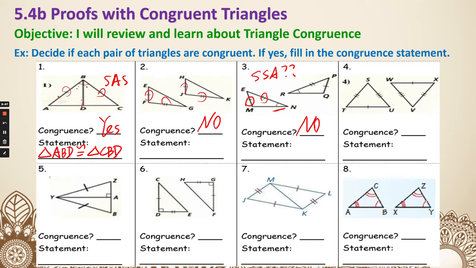But let's see if we can think of a counterexample that is also side, angle. So for example, let's say this is our first triangle. Now I'm going to draw a second triangle. Of course, coinciding the lines, then we have that.